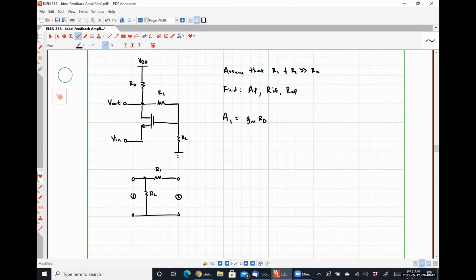Based on this, what should my feedback factor be? Remember, we would get our feedback factor by applying some test voltage, which I'm going to call Vout, measuring my feedback voltage VF, and my feedback factor by definition will be VF over Vout. So what's it going to be? This is a Circuits 1 question at this point. Yeah, R2 over R1 plus R2.